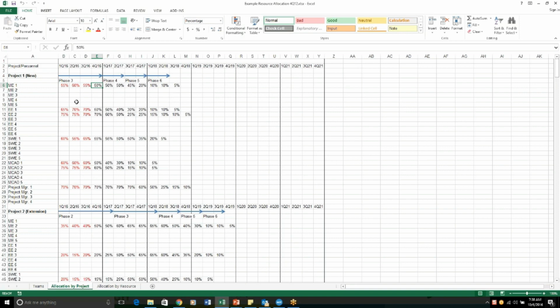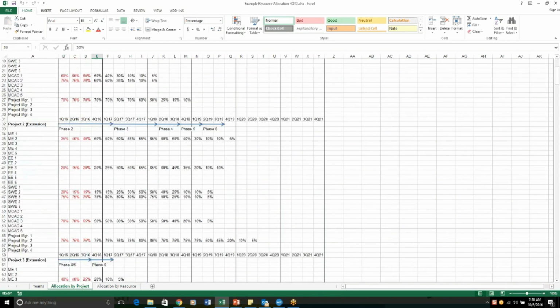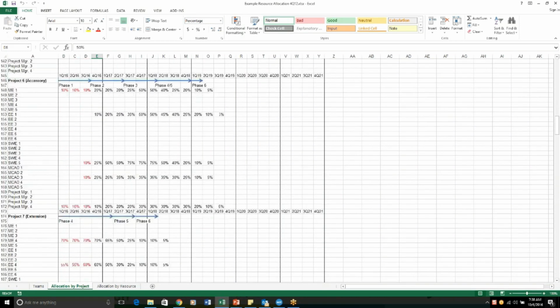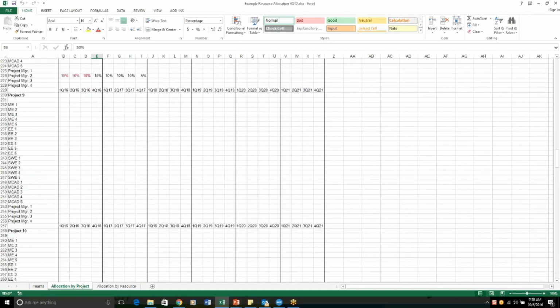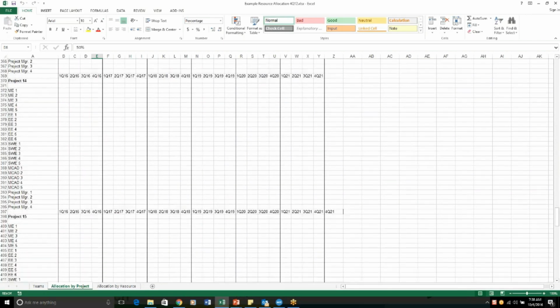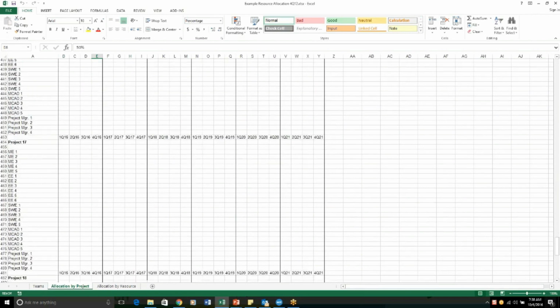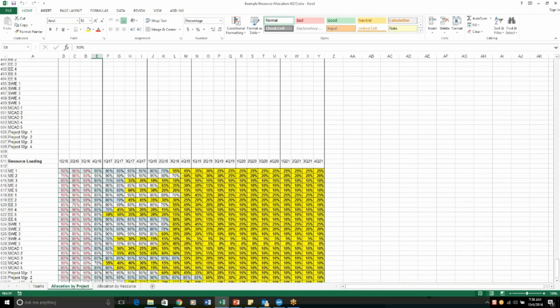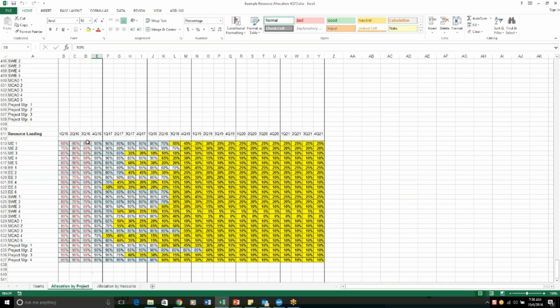So you can do this for the project on all the resources, and then if you come all the way down, you consolidate all that data, and then down at the bottom you can look at individuals now and consolidate the data from the projects that they're working on and get a feel for the loading on that resource.